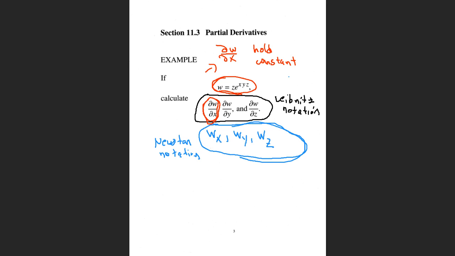In order to find that rate, what variables have to be held constant? That's right, you hold the variable y constant and the variable z constant.